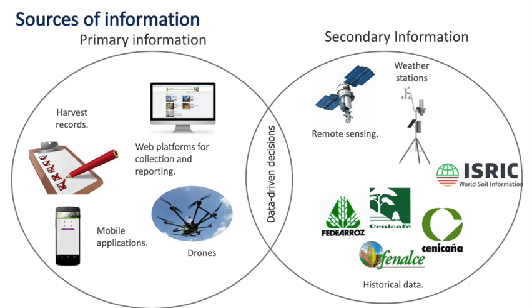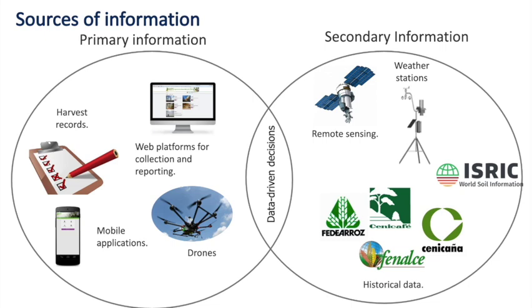Now, regarding the information, we can classify the information in two different ways. One would be the primary information, and this is information that we generate with the specific objectives in mind that involve the study that we are developing. The common way to do this in agriculture would be based on harvest records.